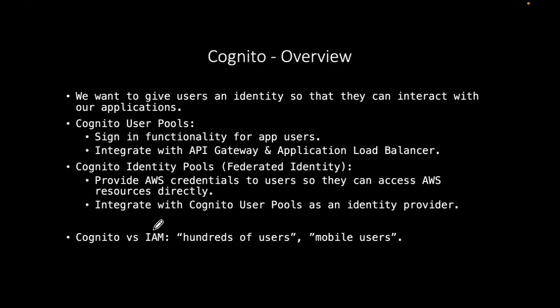But again, it's quite demanding from a labor perspective to go creating all of these IAM users. So if you've got hundreds of users, then clearly the IAM route is not a good route. Go down the Cognito route. Also, if you've got users that want to access your applications or resources from a mobile platform, then the Cognito route rather than the IAM route is a better option.